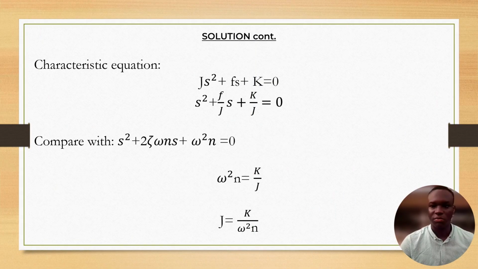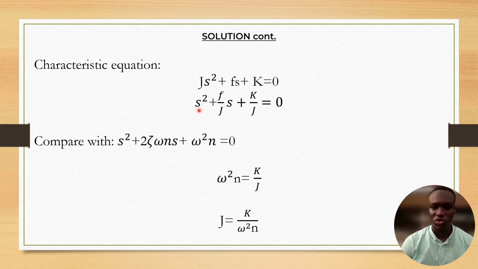So the next step is to compare the system equation with the standard second order system form. We take the denominator of our transfer function, which is Js squared plus Fs plus K equal to 0. To make the equation simpler, we divide each term by J. So we have s squared plus F over J s plus K over J equal to 0.